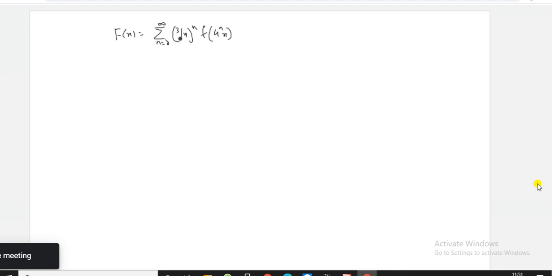This was our function. And you have to show that this function is differentiable nowhere on R. So let us take x0 to be some real number. You have to show that this function is not differentiable at x0.